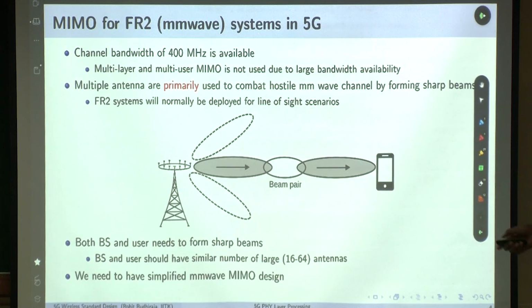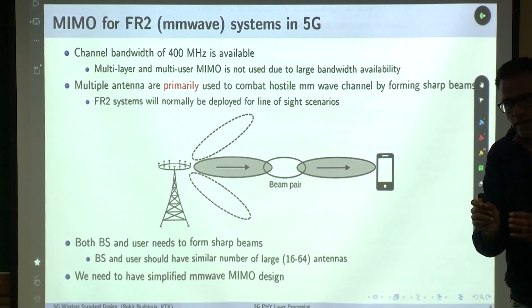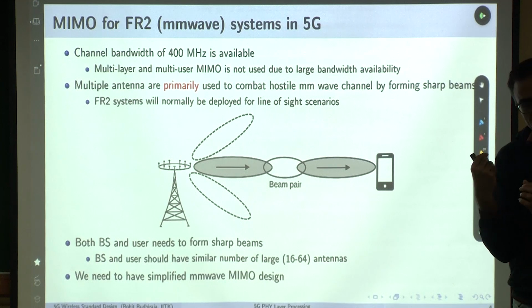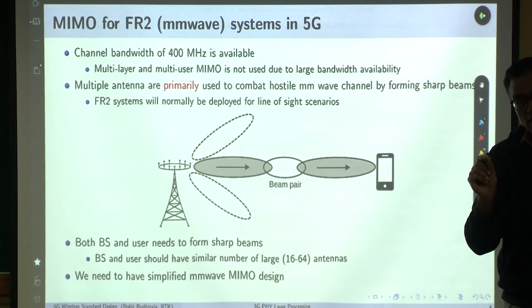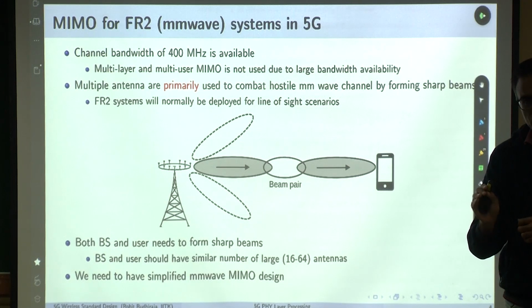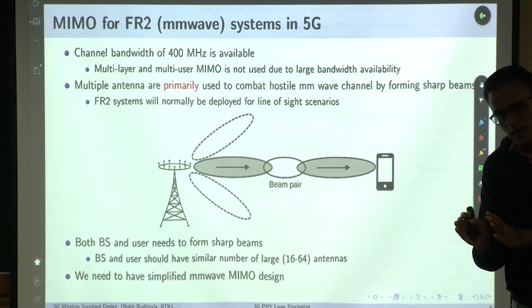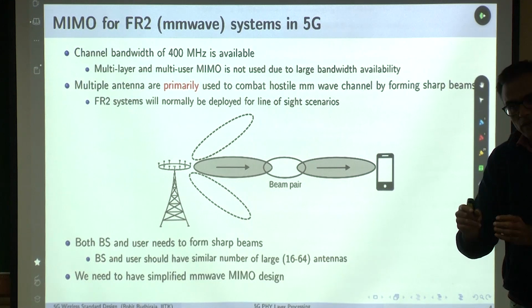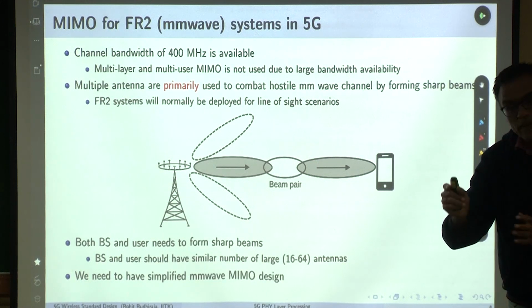And if that is the case, we need simplified millimeter wave MIMO architectures. There is another fact. Each antenna is placed at a distance of lambda by 2, that is the usual antenna spacing. Now, when you go to higher frequency, lambda reduces.